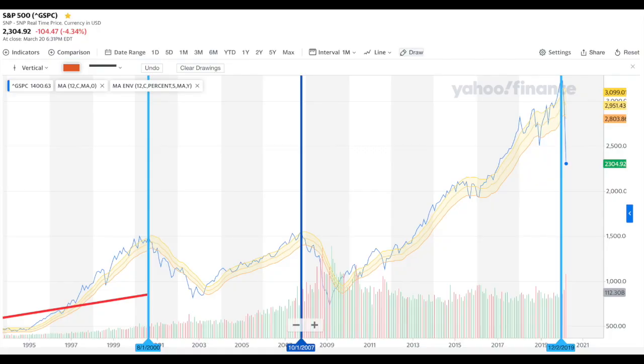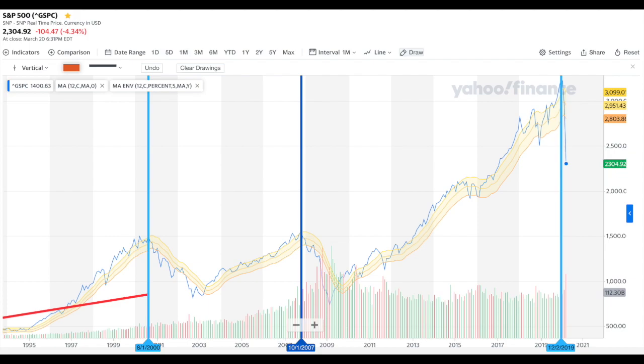So, those are a lot of crashes, but let's look at basically the second half of the stock market. This second half is divided up into two subsections. We basically have around a 2000 peak, a 2007 peak, and then this 2019 peak, right? You can see that this first part was up and then up again and then down again.